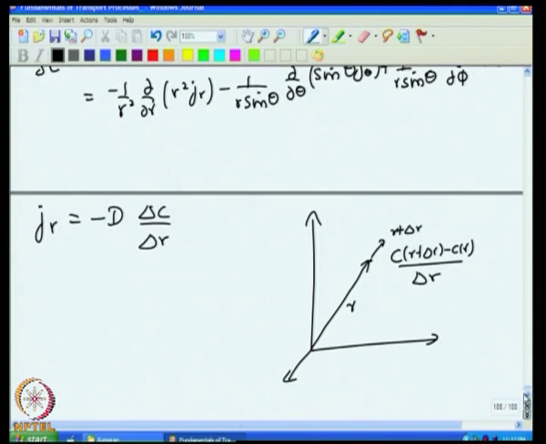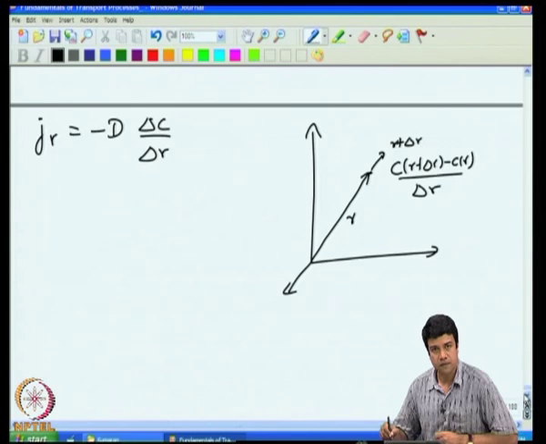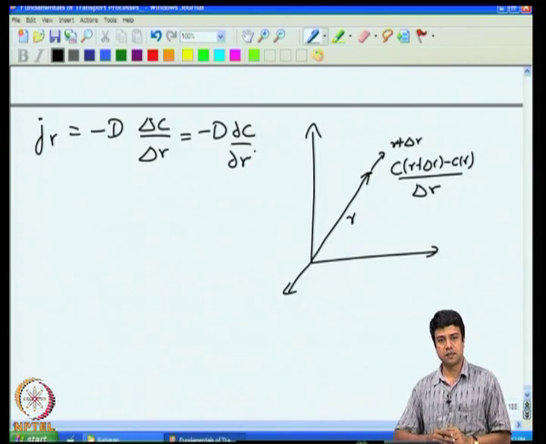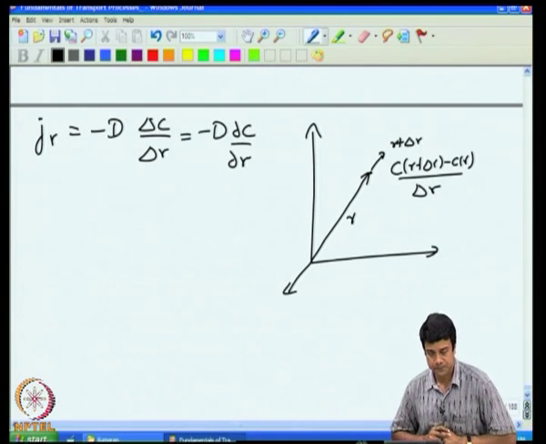And if I take the limit of delta r going to 0, this is effectively minus d times partial c by partial r.